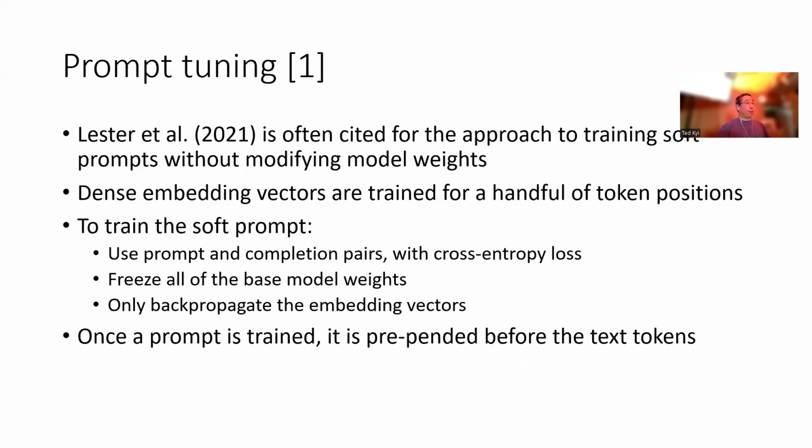So let's first talk about prompt tuning. Okay. So 21, Lester et al. And basically the idea here is, let's say we decide we're going to add 3 new tokens before the beginning of the actual text that we're inserting to the model.